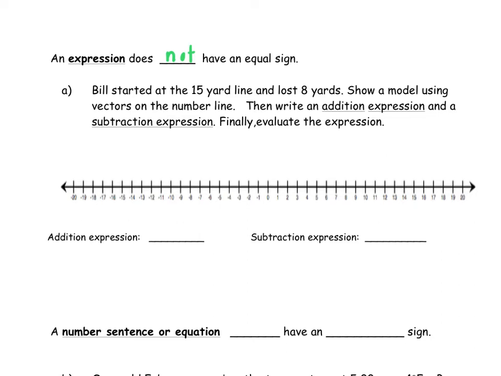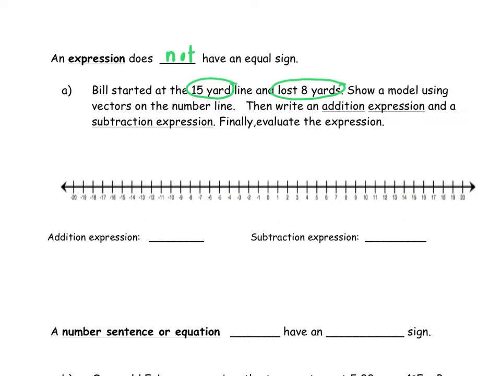So let's start first of all by looking for clue words. As I read through Bill started at the 15-yard line, they're not mentioning anything about a negative number, so we're going to assume that this is a positive 15. And then it said that he lost 8 yards. So that is implying the word lost, that it's either a negative 8 or that we're subtracting 8.